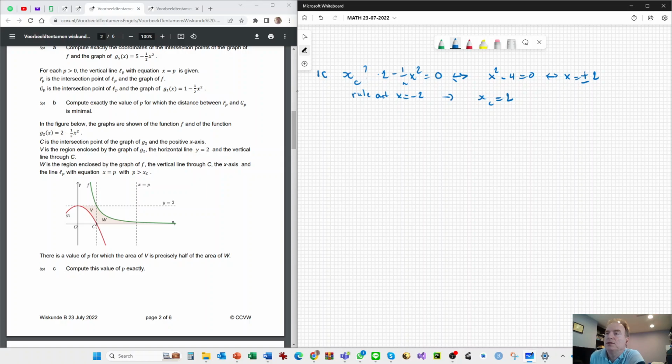So we can start the integration here at 0. Probably you should still write it down. So we found xc and we want to find the start of the integration. That's found from g2(x). We want to intersect with this line y equals 2.